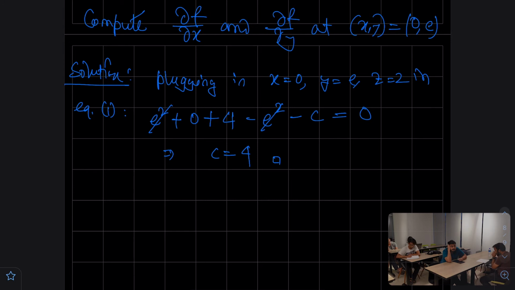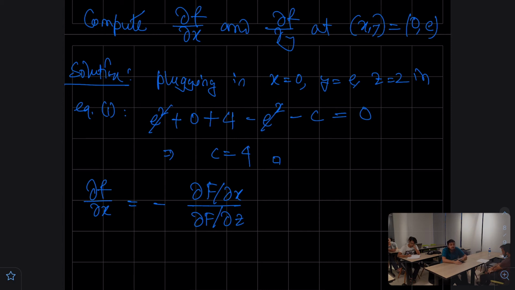Now compute the partials, but that is just a simple thing to do. You just compute this thing given by the formula, df dx divided by df dz. So u1 is x and u3 is z.